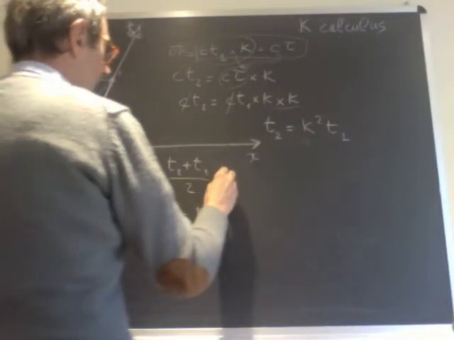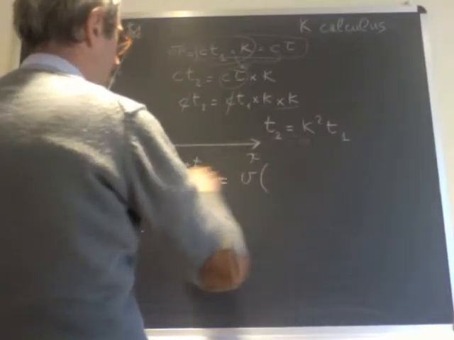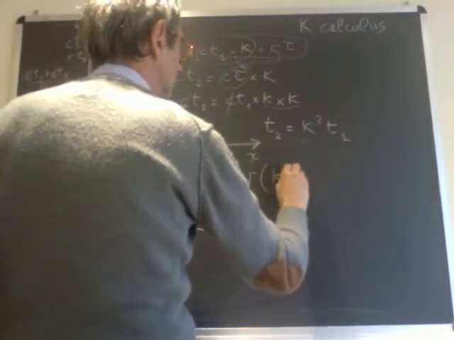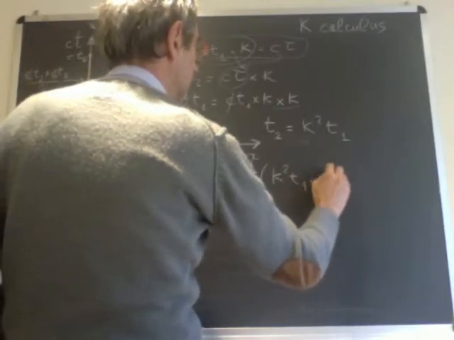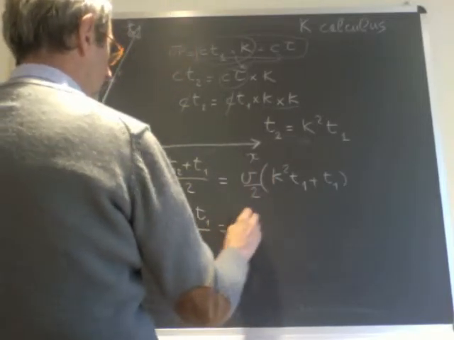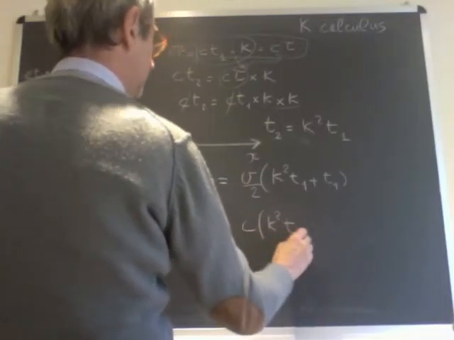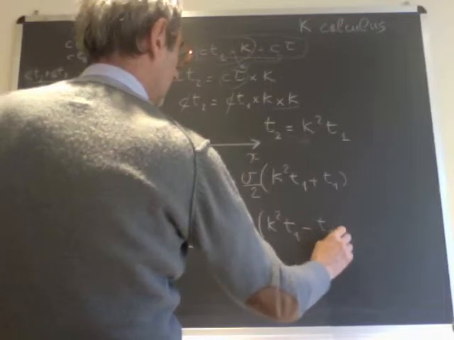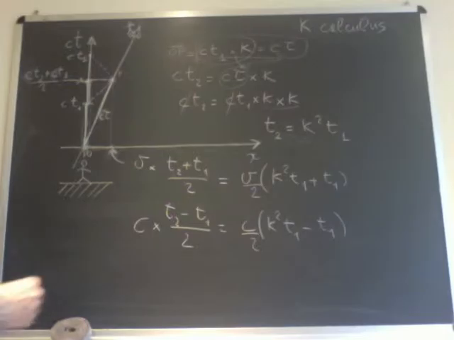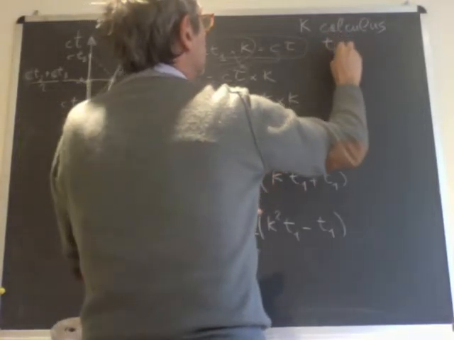So this quantity here will be v times what? T2 is equal to k squared t1 plus t1 divided by 2, and this is equal to what? c times k squared t1 minus t1 divided by 2. Okay, well, let's write this here.